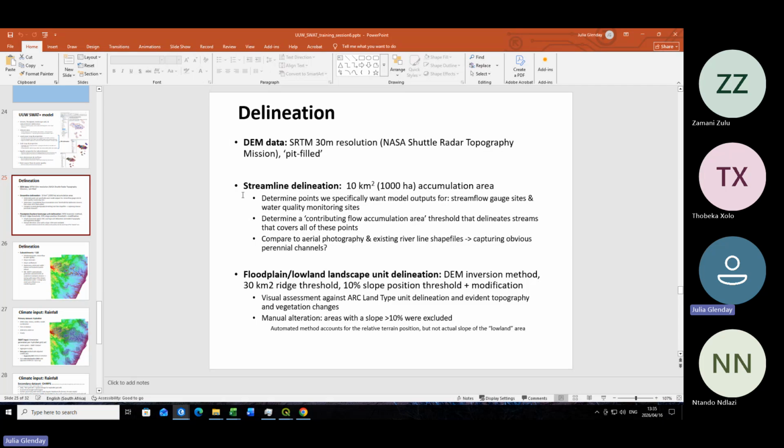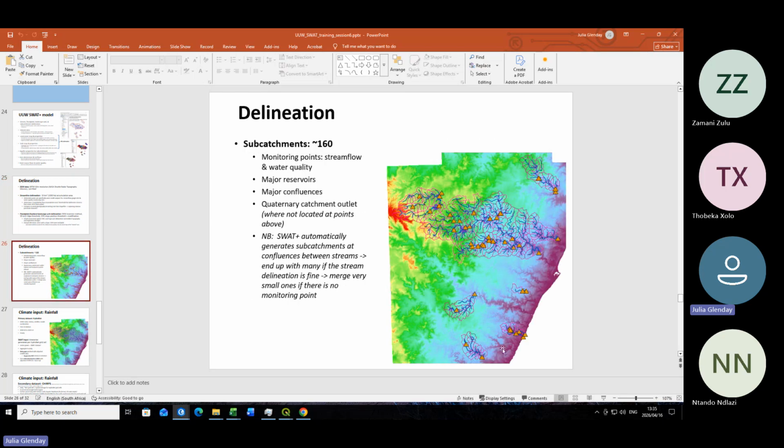We used the digital elevation model to delineate streams, and then determine the floodplain, the lowland areas, and then break the area up into subcatchments based on points where there's stream flow and water quality monitoring points, major reservoirs, stream confluences, and quaternary catchment outlet points.